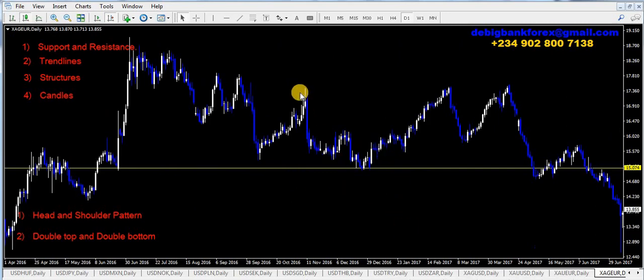Now for the market to actually turn around from here, the market did something. Let's look at the way the market is coming from. I normally tell my students that for you to know where the market is going, you have to have an idea of where the market is coming from.